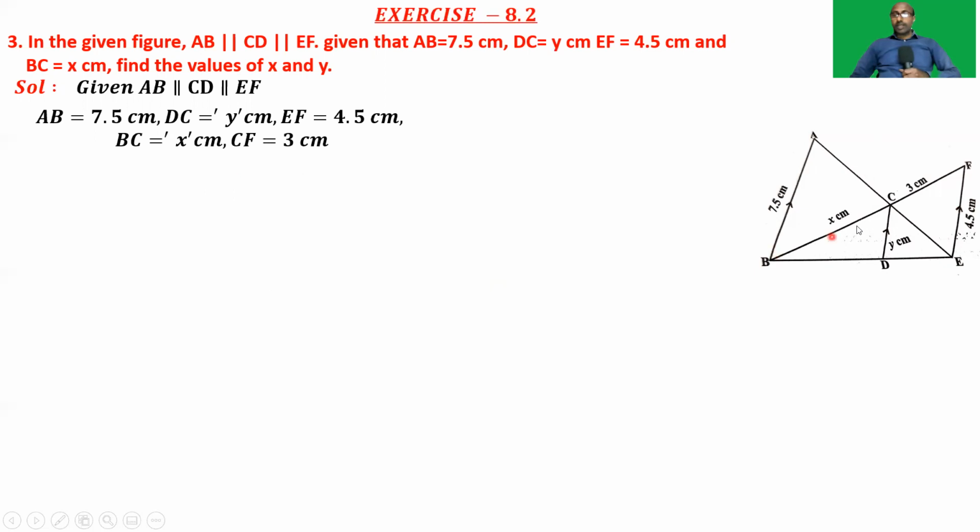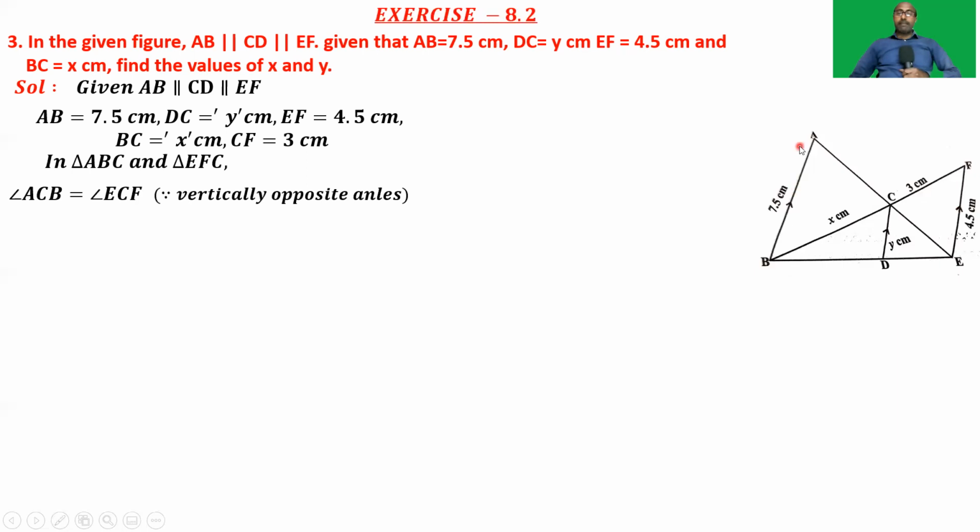Now, consider triangle ABC and EFC. In triangle ABC and triangle EFC, angle ACB is equal to angle ECF, because we know that these two angles are vertically opposite angles. So angle ACB is equal to angle ECF.